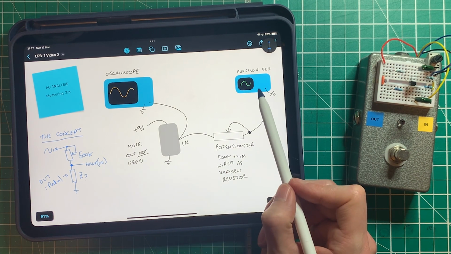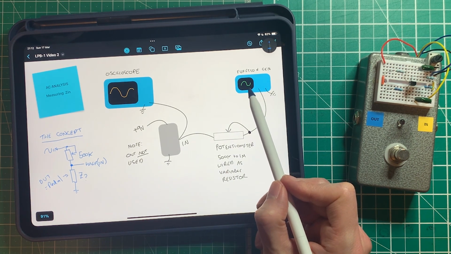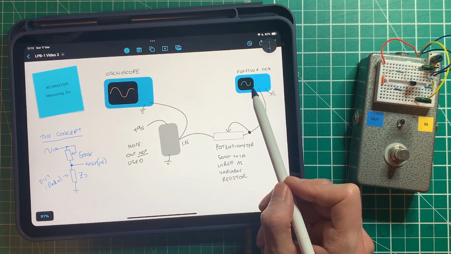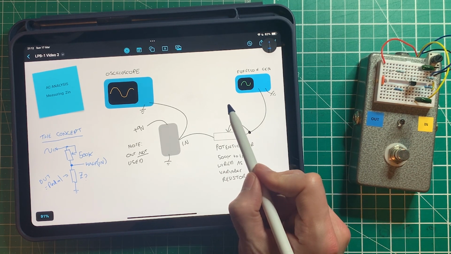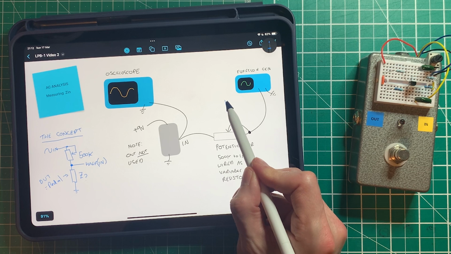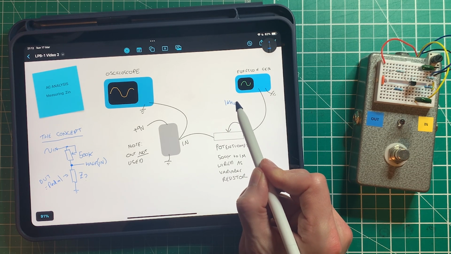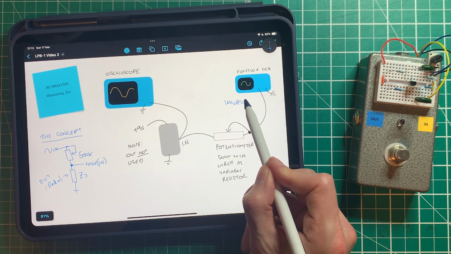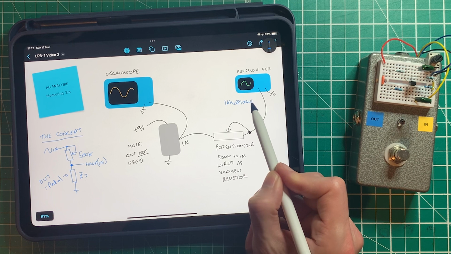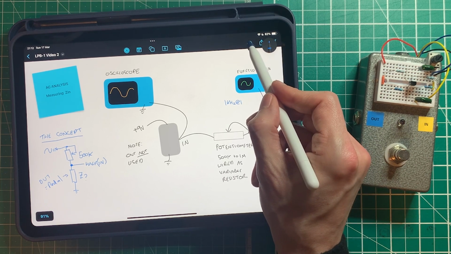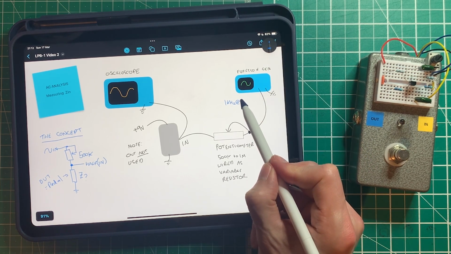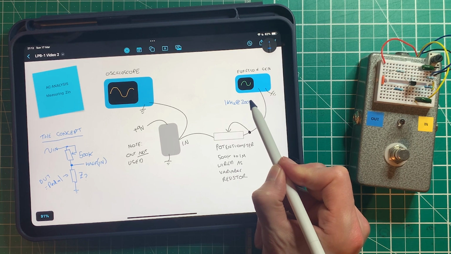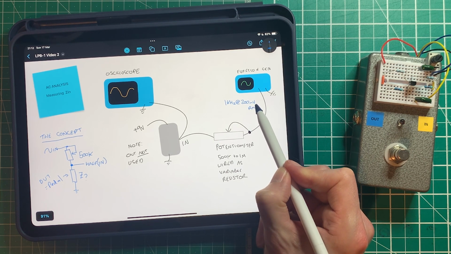So we have a function generator generating a known frequency at a known RMS of voltage. So let's say we're going to send 1 kilohertz at 100. Actually, that's probably a bit low. Let's send it at 200 millivolts RMS.